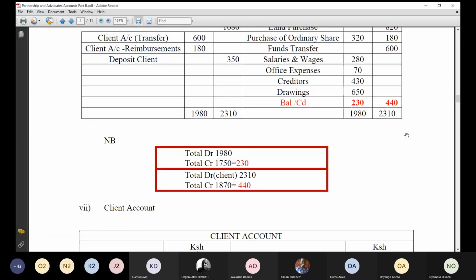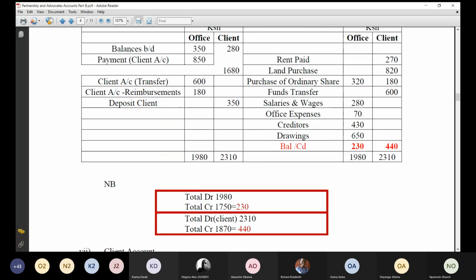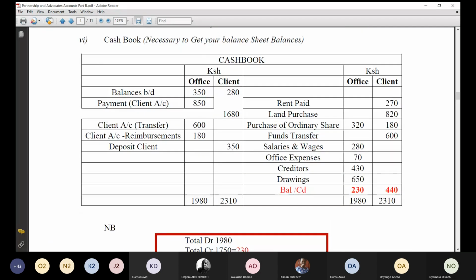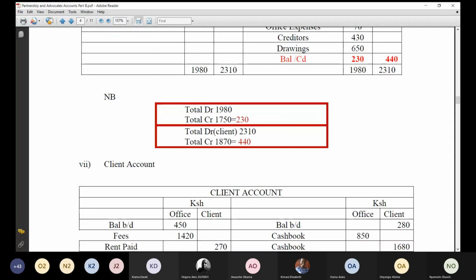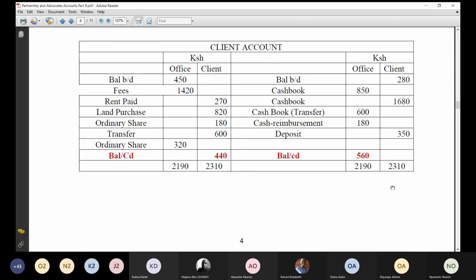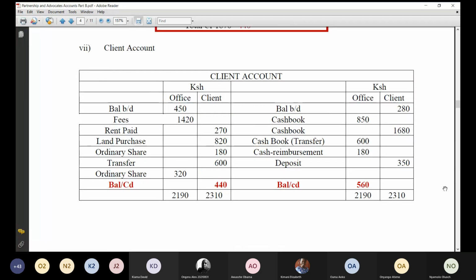Our cash book is also telling us that indeed that is what we paid out for our customers, what we actually owe them. So the balance carried down on the credit balance, we said that it is the disbursements, what we had paid on behalf of the customers. It is a credit carried down, which means in the next financial year, it will be brought down. It is an asset.